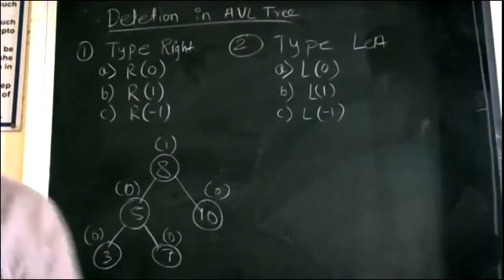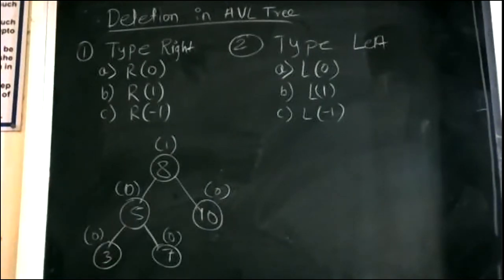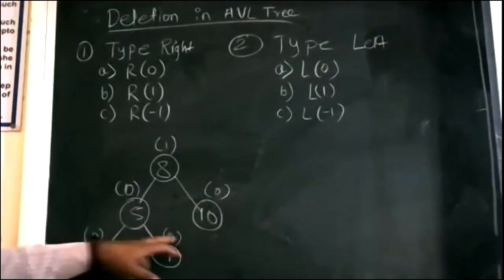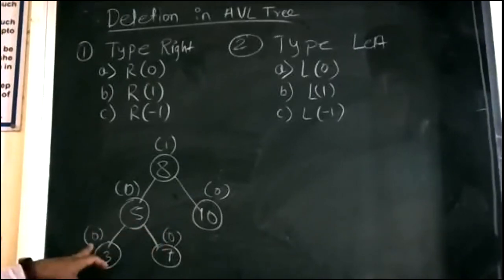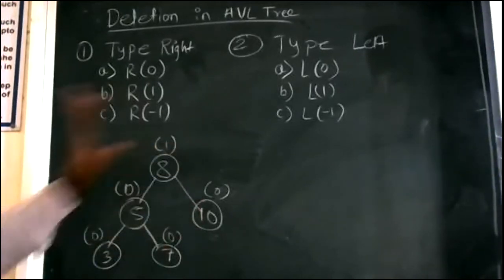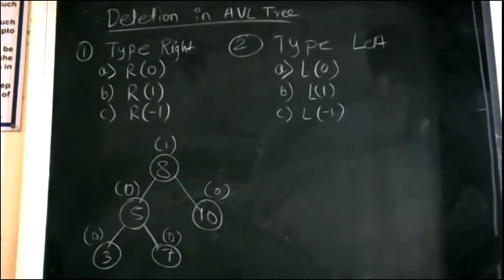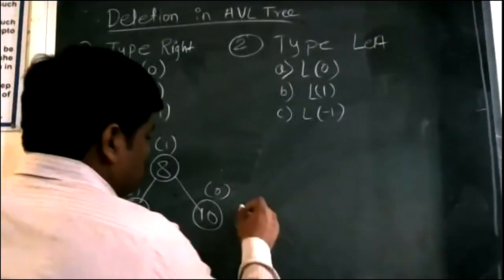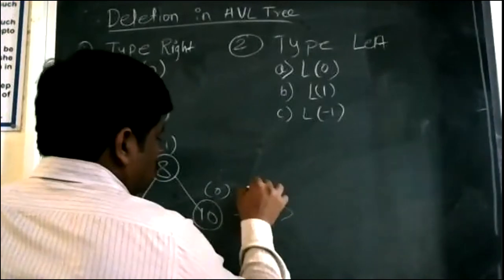And 1 for the root, right. So here all the balance factors are 0, 0, 0, 0, and here it is 1. Now suppose I want to delete the 10.